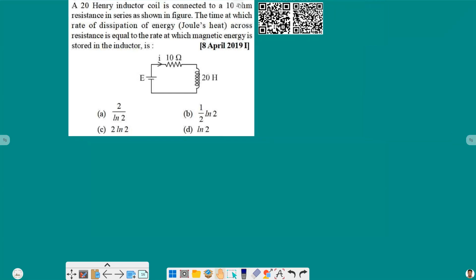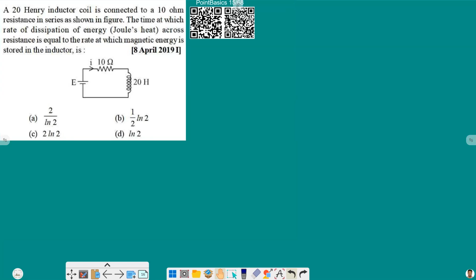So here we have been asked two terms. First is the rate of dissipation of energy across a resistance. Now we know that heat produced inside a resistance when some current flows through it is given by I squared R into t.